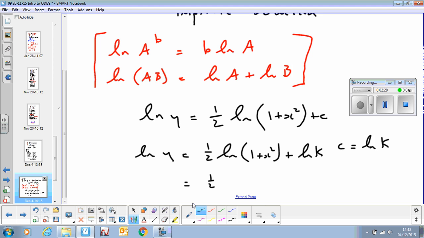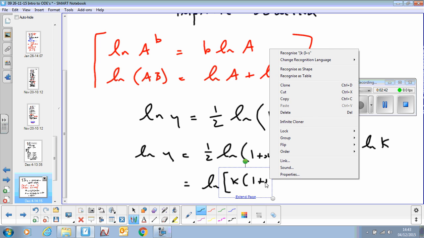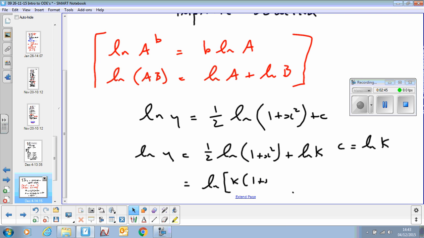So actually I'm going to rewrite this right-hand side as, starting again, the log of k, which is the constant, multiplied by 1 plus x squared to the power of half.